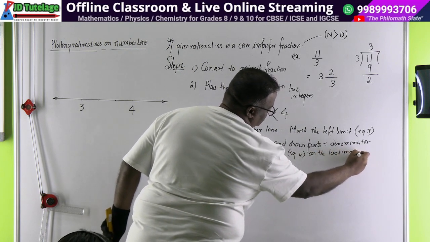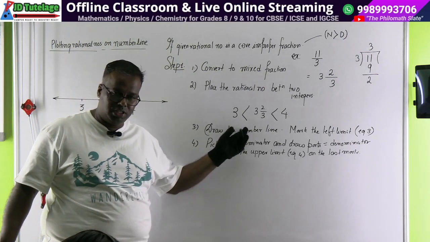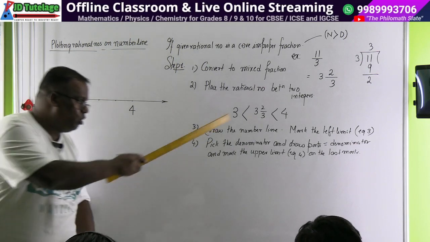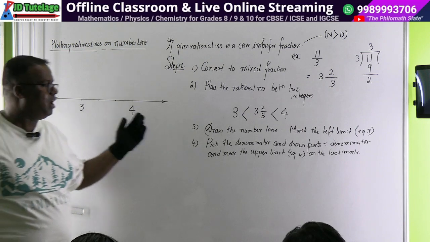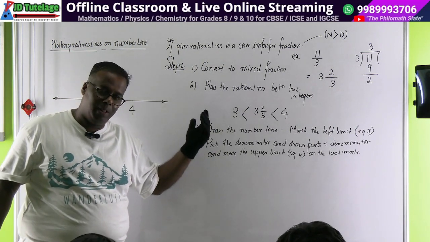This line has become long but I hope you understand. हिंदी में बोले तो नंबर लाइन ड्रॉ कीजिए, लोअर लिमिट को बिना कुछ देखे ड्रॉ कर दीजिए, फिर जो डिनोमिनेटर है उसी के मुताबिक इक्वल हिस्से कीजिए और फिर आखिरी हिस्से में हायर लिमिट को लिख दीजिए। हो गया?